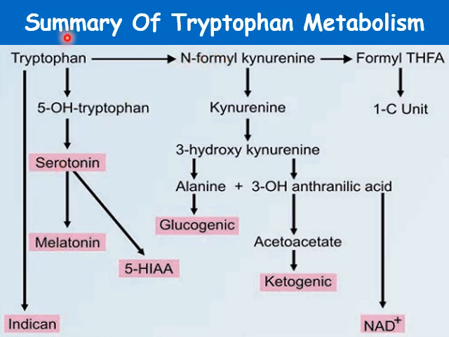As we know, tryptophan is glucogenic and ketogenic because it produces the alanine that produces the glucose by the gluconeogenesis pathway, and it produces the acetoacetate that goes to the ketogenic pathway. 3-hydroxyanthranilic acid also produces the niacin, and it produces the coenzyme of niacin, that is NAD+.